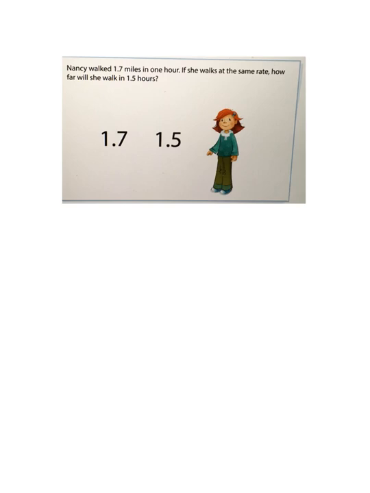Okay, now this example asks us to multiply these 2 numbers, and the context, or the story problem, tells us that Nancy walked 1 7/10 miles in 1 hour.